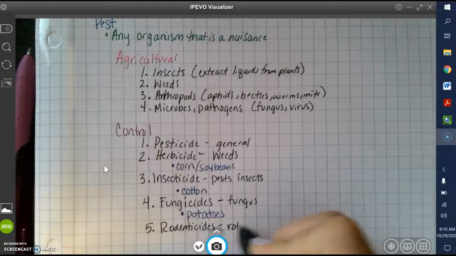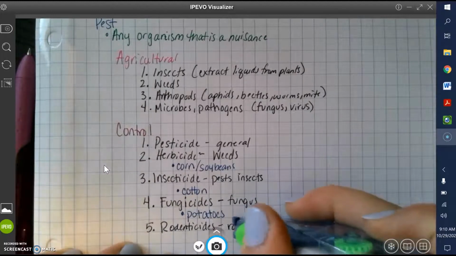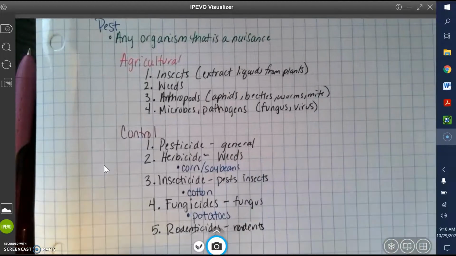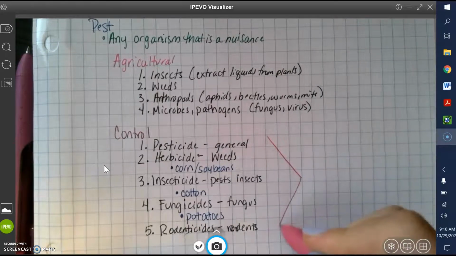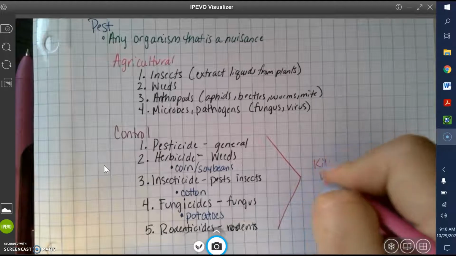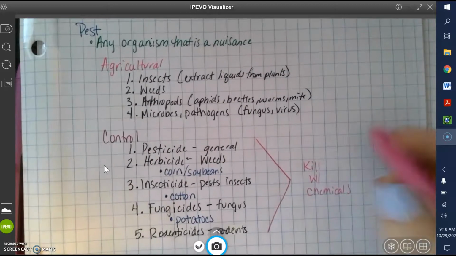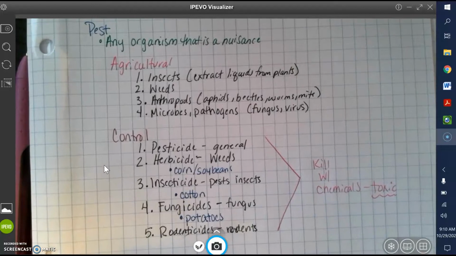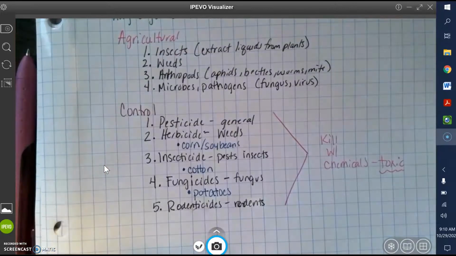And these will kill rodents. Now, all of these kill with chemicals that are toxic in some form or another to the pests that we're trying to kill. So these are all chemical based.